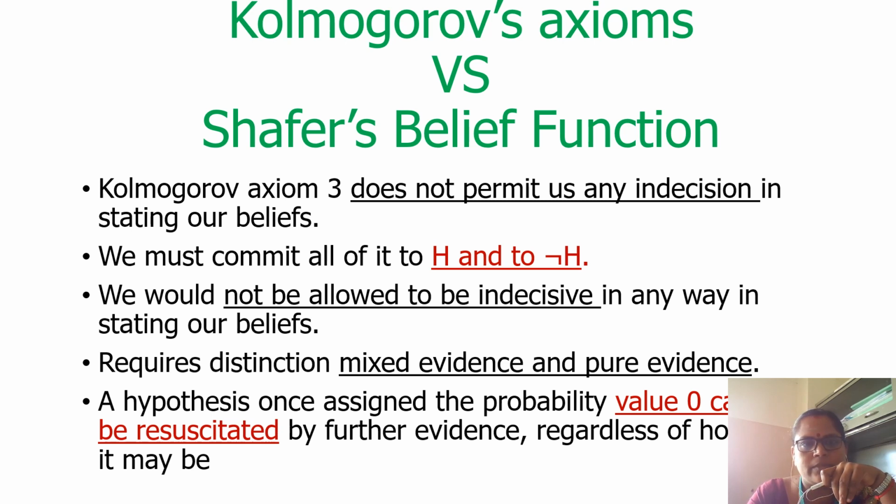It requires distinction: we should be able to segregate our evidences into 2 types, namely mixed evidence or pure evidence. A hypothesis, once assigned a probability, could be either 0 or 1. In traditional probability, once we assign value 0, we cannot change it by any further evidence, regardless of the situation.